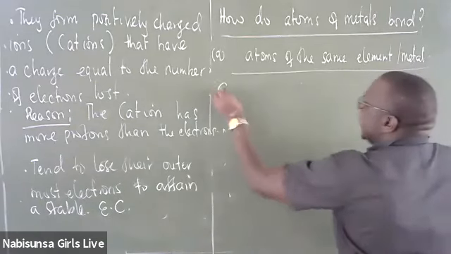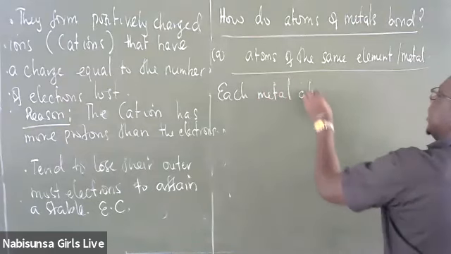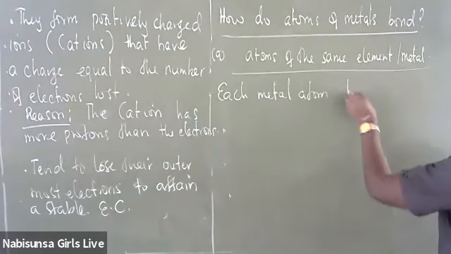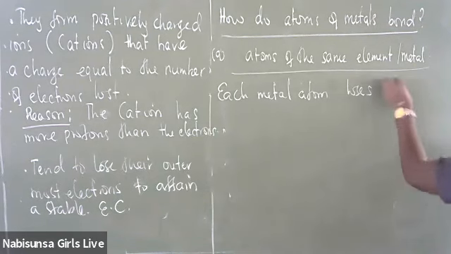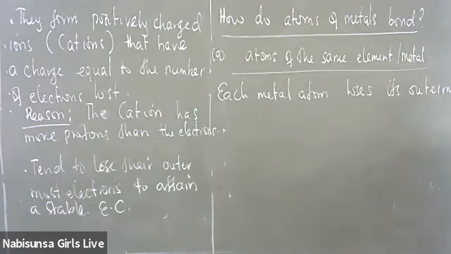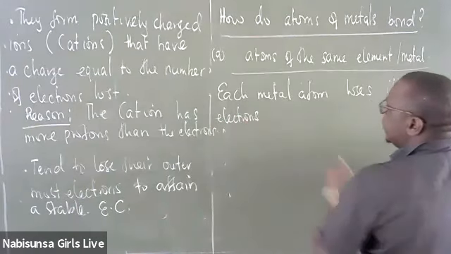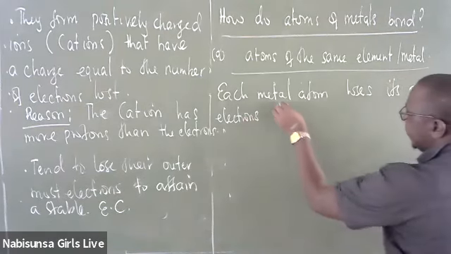Each metal atom loses its outermost electrons that become delocalized.